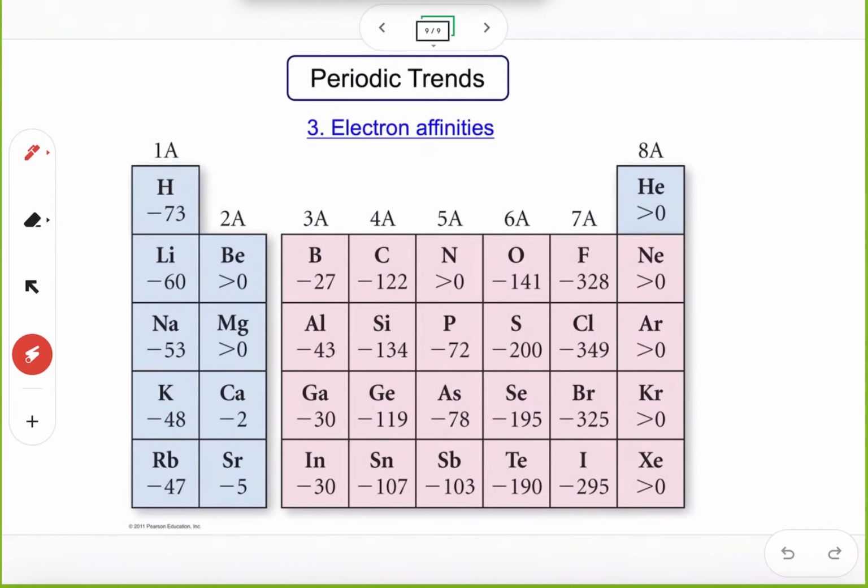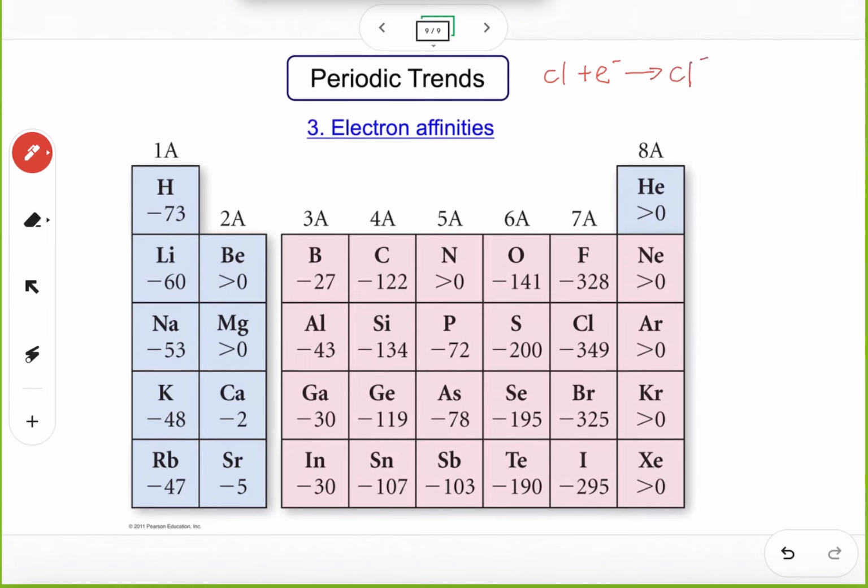The last trend that we are going to talk about is electron affinity trend. What is the electron affinity? That means the energy that you have to pay in order to generate an anion with one negative charge. For instance, for chlorine, this is a neutral chlorine atom, you provide one electron to generate Cl minus.